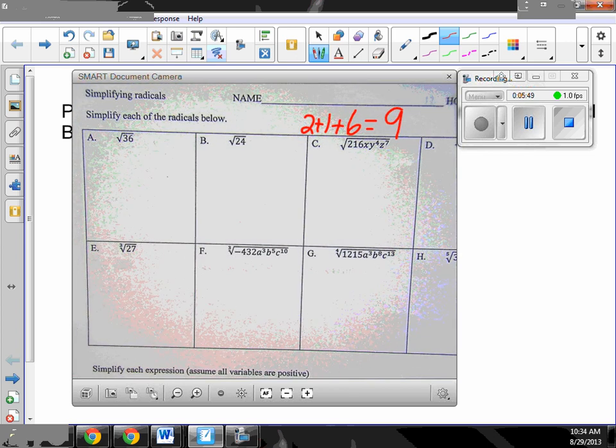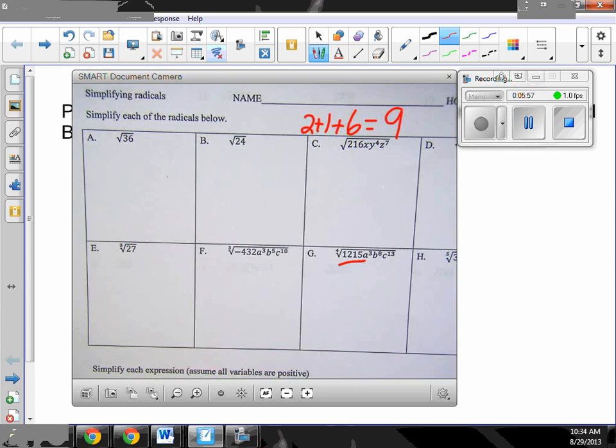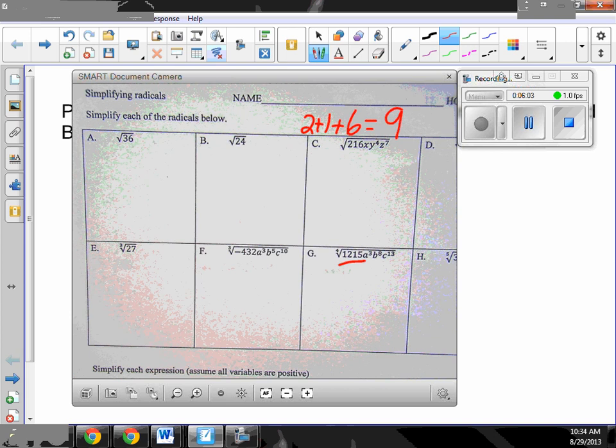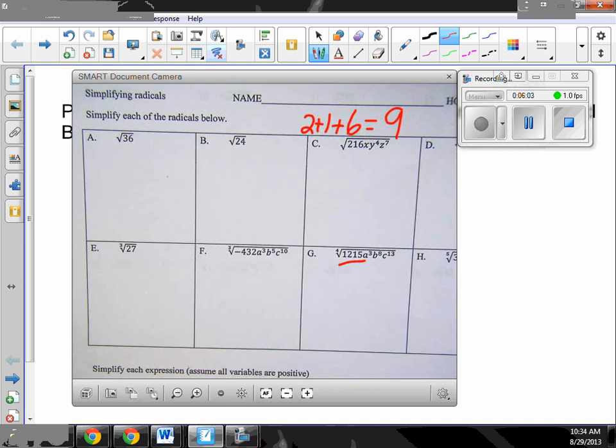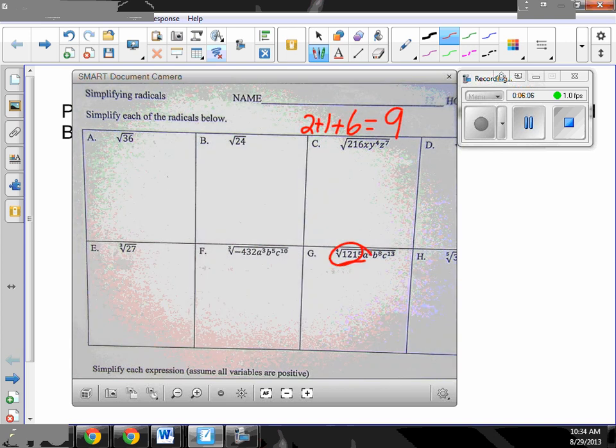I saw it once. It was really complicated, and I forgot it. So if we look down here at 12, 15, 1 plus 2 is 3, plus 1 is 4, plus 5 is 9. So 3 goes into that number. Okay?